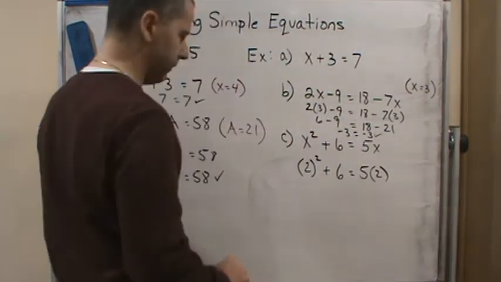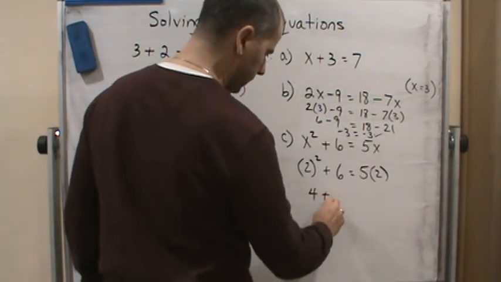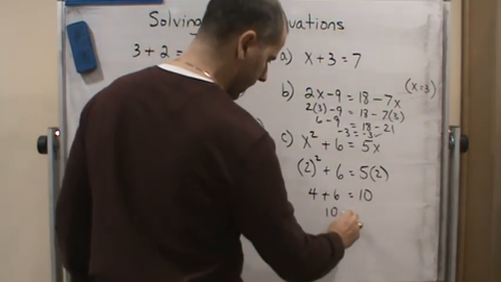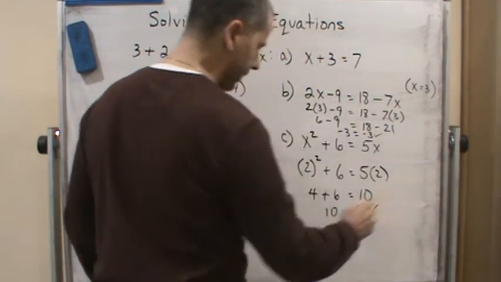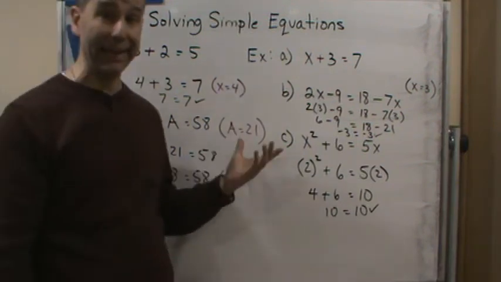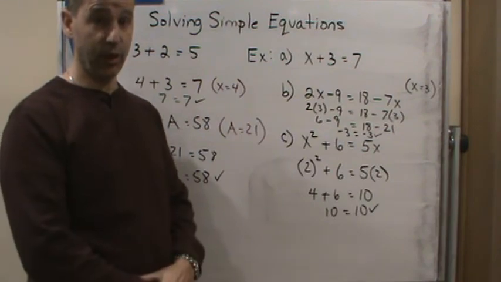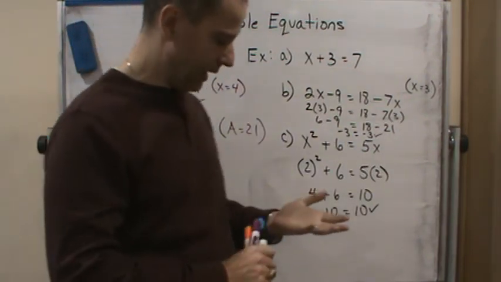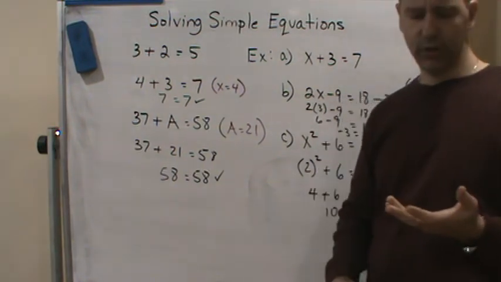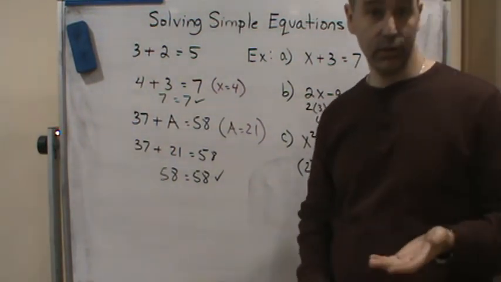So this gives me 4 plus 6 equals 10, which gives me 10 equals 10, and that checks. So in this case, 2 also works. Those are the only 2 solutions in this case. But sometimes there may not be any solutions to the equation. You may have no solution, exactly one solution, or many solutions.